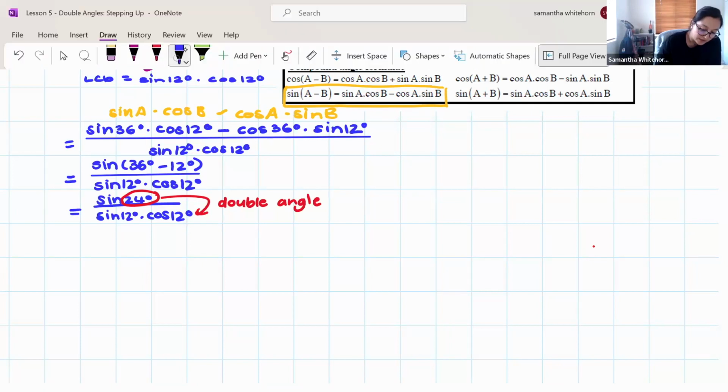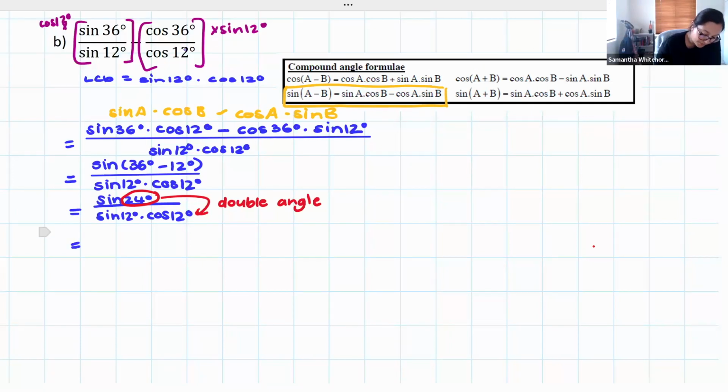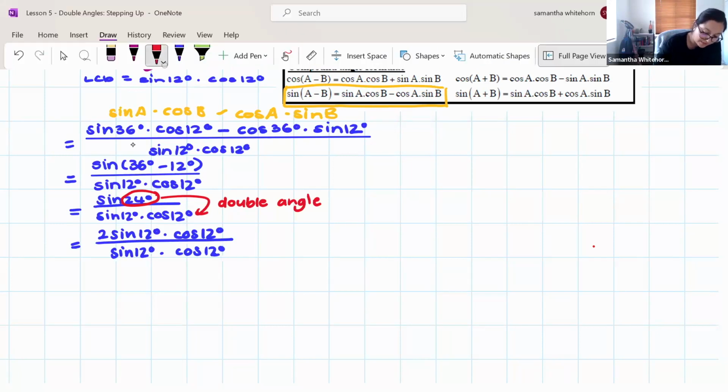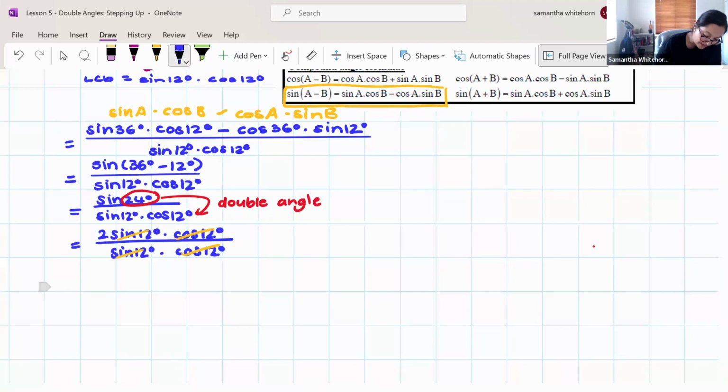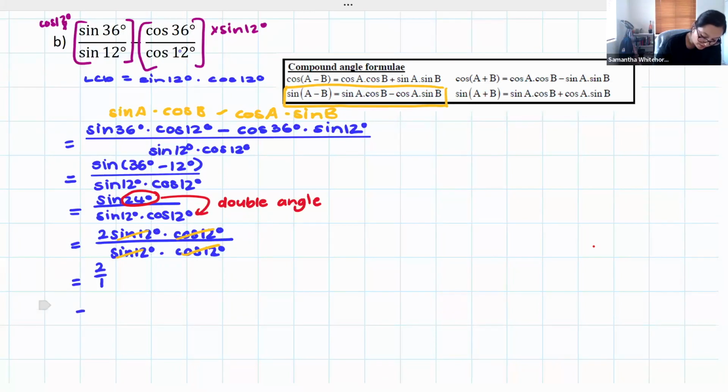The double angle formula for sine is a nice easy one. There's only one. So this becomes 2 sine 12 times cos 12 over sine 12 cos 12. And because we are now able to create factors that match up and divide away, this simplifies nicely, because the sine 12s divide to 1, the cos 12s divide to 1. And so we're just left with 2 over 1, which is 2.